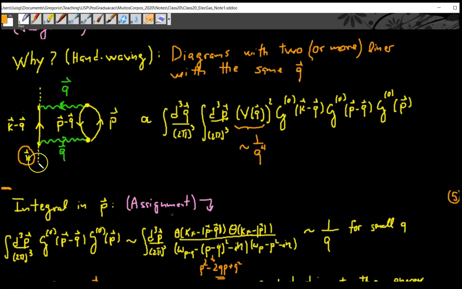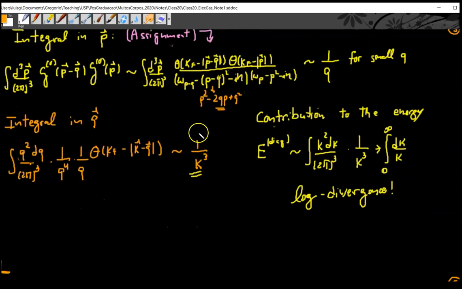And this is what is going into the actual calculation, right? So I'll have to do an integral in k at the end of the day to get the energy contribution. And so if this gives me a contribution of 1 over k cubed, there, when I do the integral in k to calculate the contribution to the energy from this diagram, I'll have an integral of angles, and then I'll have the radial integral, right?